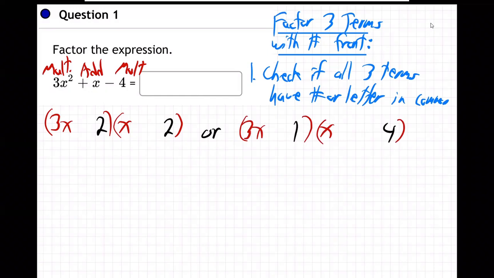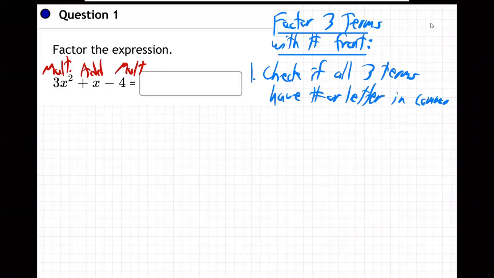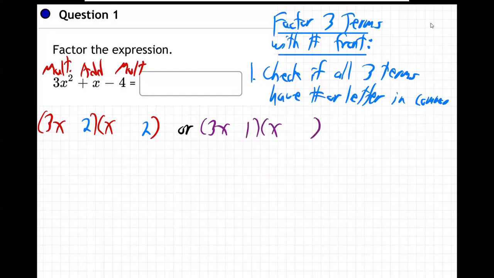In fact, you know what? We have 3 options. See, this is where it gets tough. 3x and x, with 2 and 2, or 3x and x, and it could be 1 and 4.